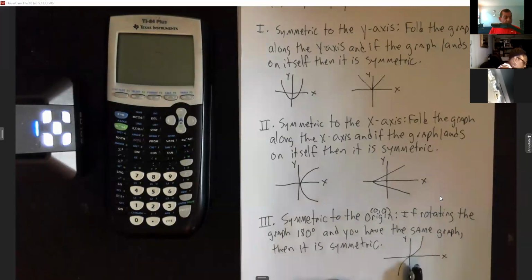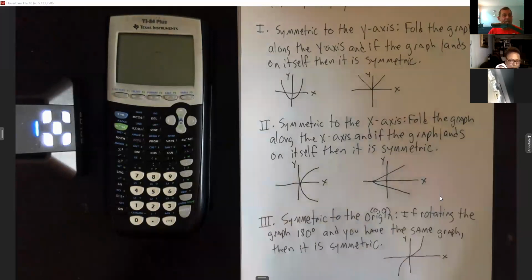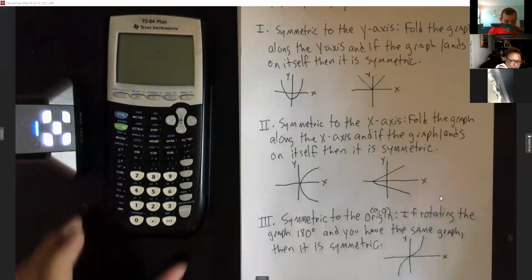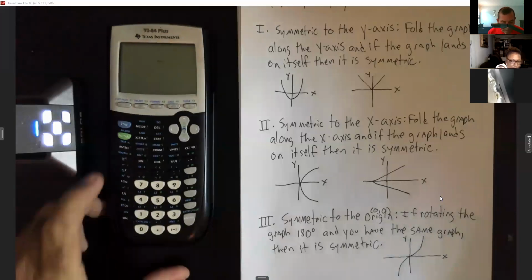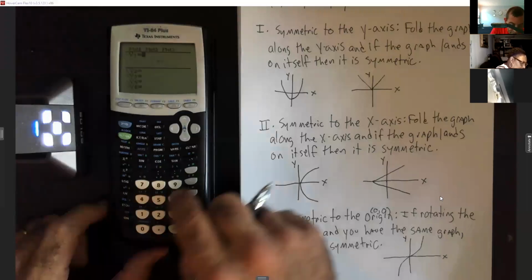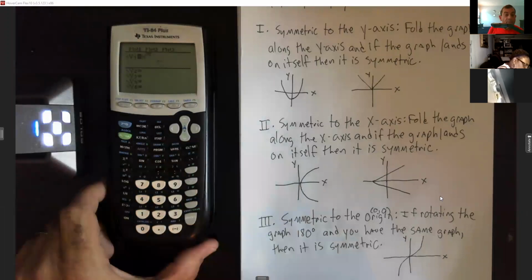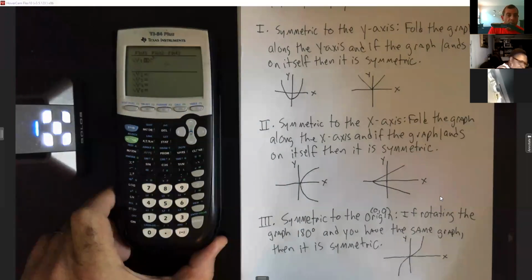If this graph was turned upside down, I would have the same exact graph. So y'all, let me show you that on my calculator. One that would do that would be x to the third power. So I'm just going to graph that on the calculator to show you.